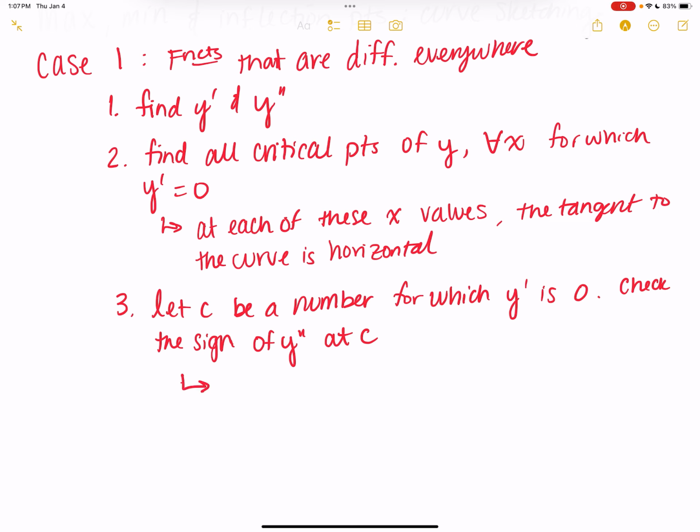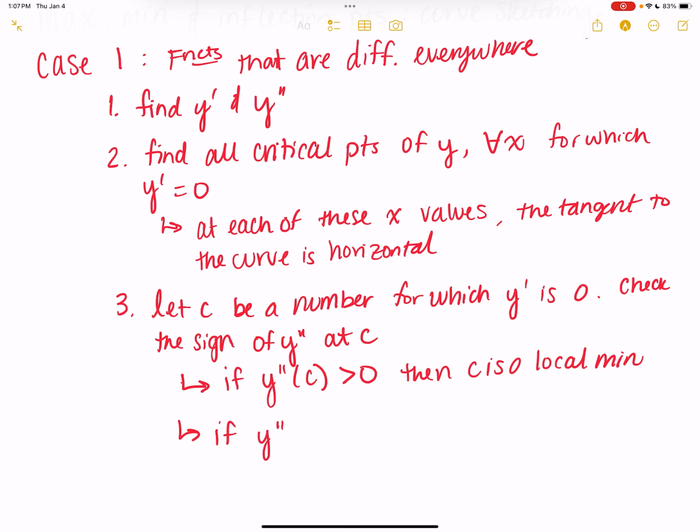So then, two scenarios. If y double prime of c, so if we evaluate the second derivative at that point, is greater than 0, then c is a local min. If y double prime of c is less than 0, then c is a local max.